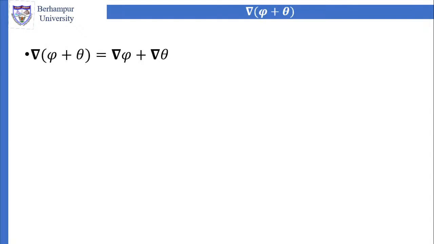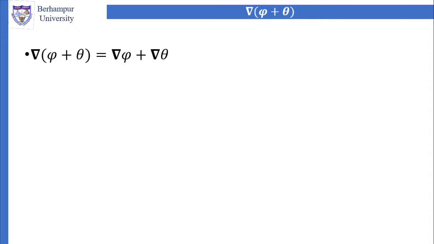The first identity that comes is the gradient of phi plus theta. As you know, gradient is actually the nabla operator operating on phi plus theta. Now the del or nabla operator is a vector as well as a differential operator.